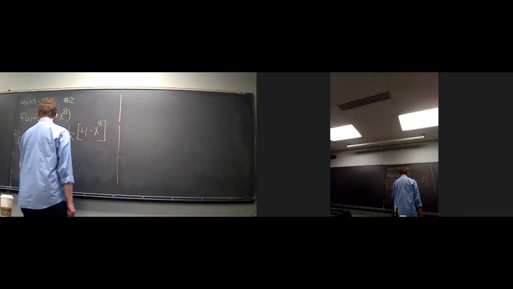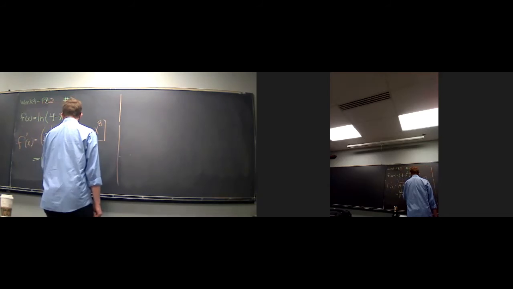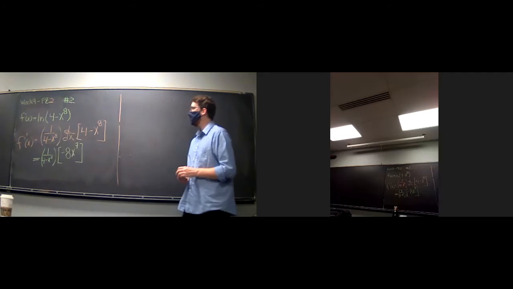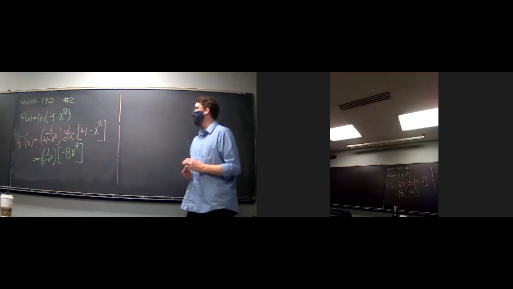So we're going to get 1 over 4 minus x to the 8th times negative 8x to the 7th, and that's it. We could break this up a little bit, but it's not really going to help us reduce it.